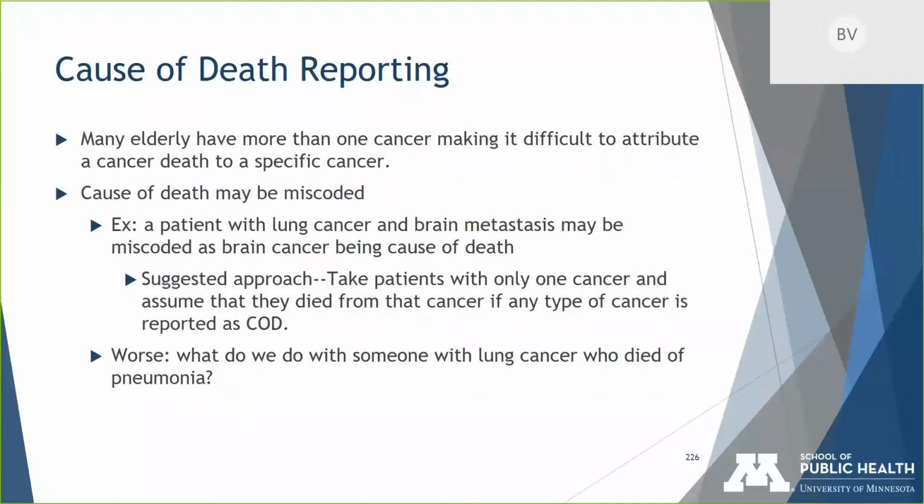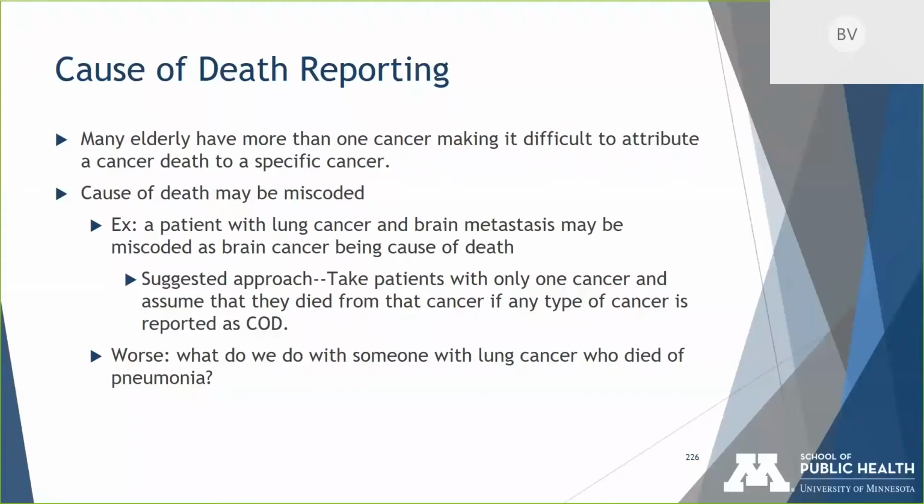So if it's really important to you to attribute the cancer-specific cause of death, we would recommend that you limit it to patients for whom this is their first and only primary cancer, and then you assume that if there's a cancer cause listed, that's the result of their cancer.